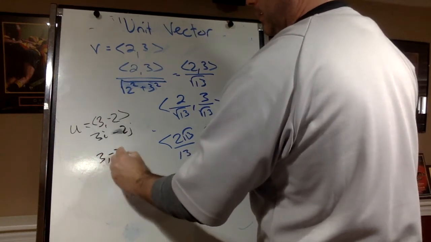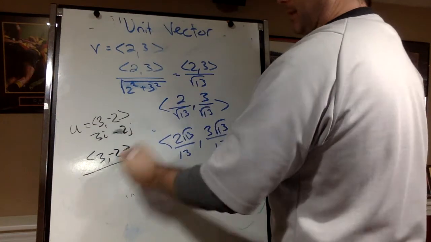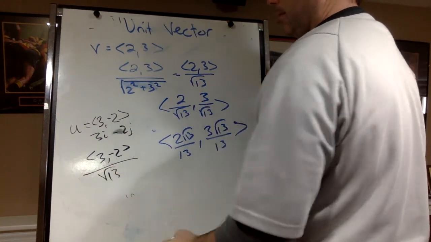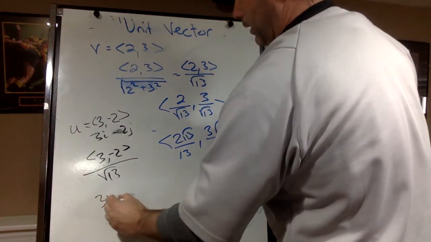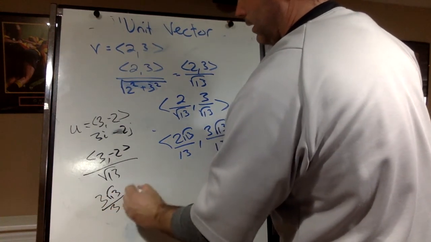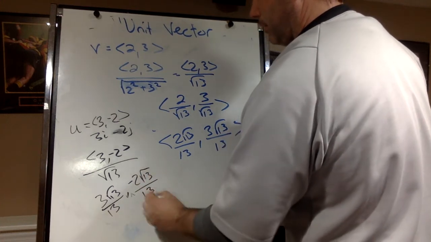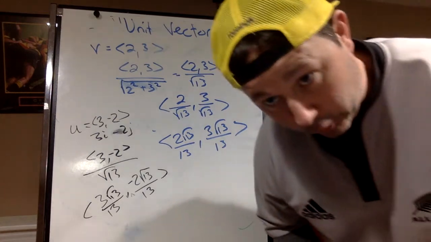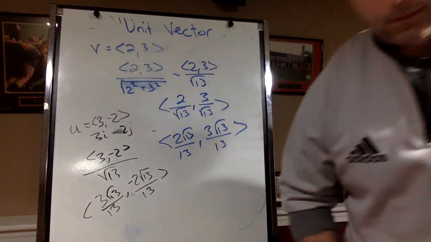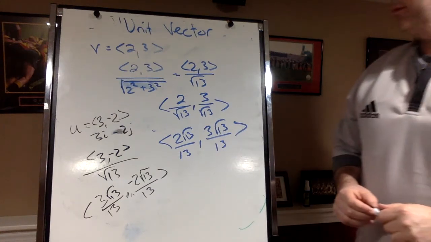That gives me 3, negative 2 over, I'm actually going to get the same magnitude, root 13. So that's 3 root 13 over 13, negative 2 root 13 over 13. Same thing. So just take your vector, divide it by your magnitude. No fun way really to say magnitude. And there you have the unit vector.